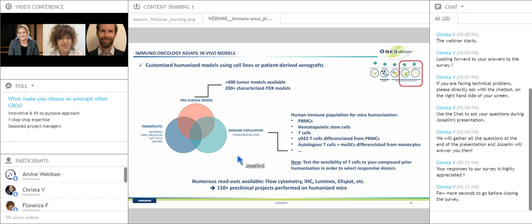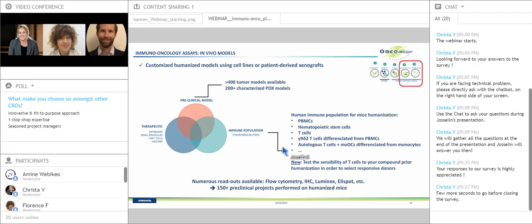Regarding the human population you can use to humanize the mice, we have experience with PBMCs, with immunization using hematopoietic stem cells, and with T cells, by immunizing the mice with gamma 9 delta 2 T cells that were differentiated from PBMCs.